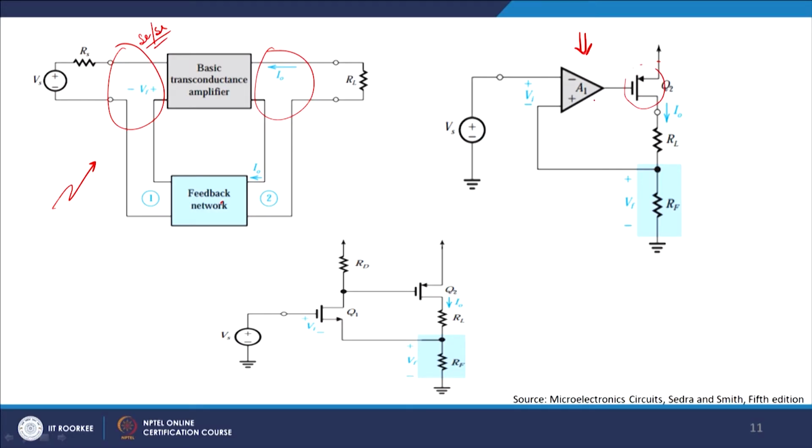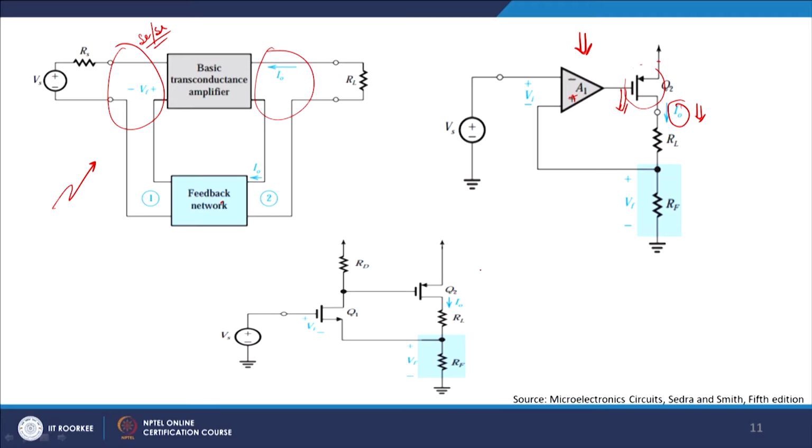You are giving the negative side Vi and the positive side is connected to the feedback network. When this current becomes larger and larger, the voltage drop across RF increases, this feeds back in a negative sense, and as a result the voltage here starts to fall and the current starts to fall. Therefore this is an example of a negative feedback network for all practical purposes.